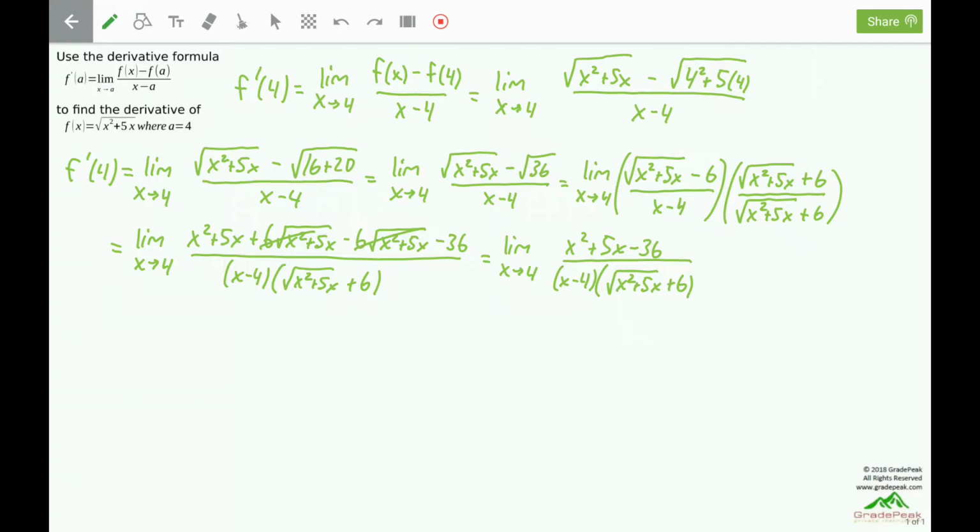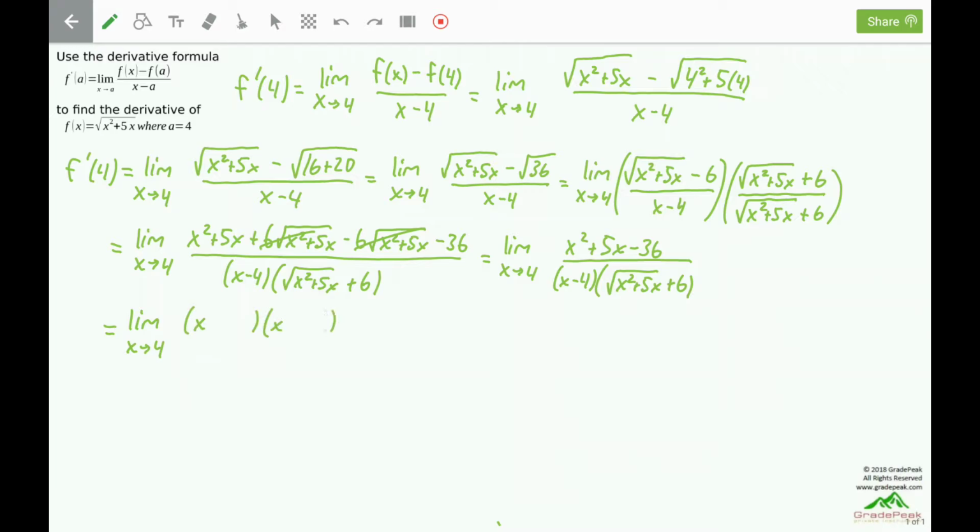We haven't changed the 0 over 0 indeterminate form just yet. If you plug a 4 in the numerator, you are ending up with a 0, and then in the denominator because of the x minus 4. But the numerator is factorable. It's a trinomial quadratic. And so our next step is to factor that. Because it's 0 over 0, I expect an x minus 4 factor in the numerator as well.